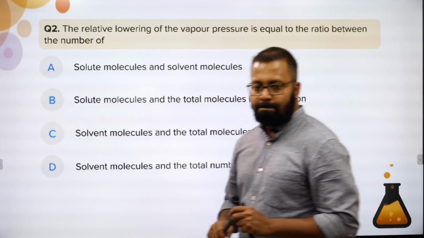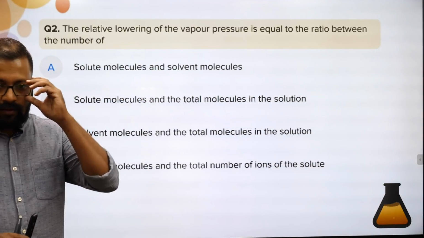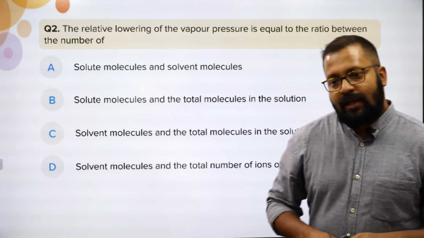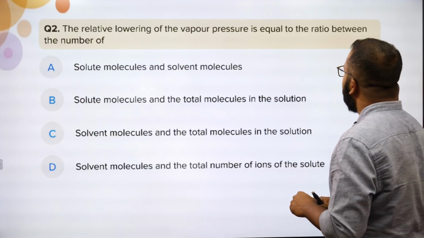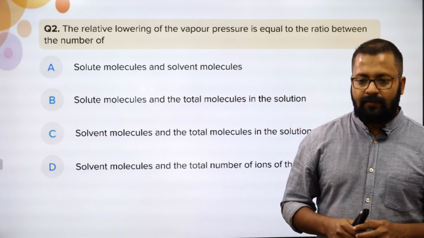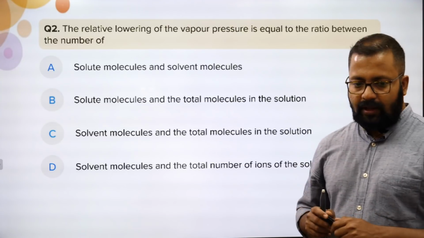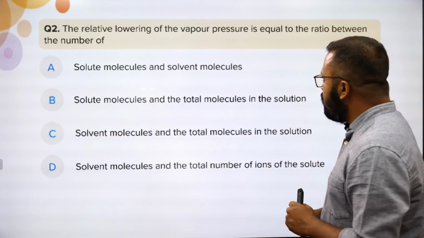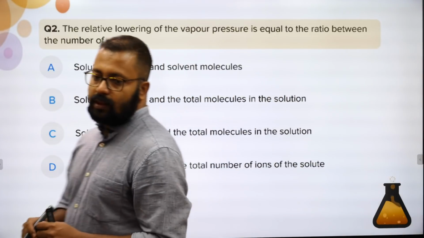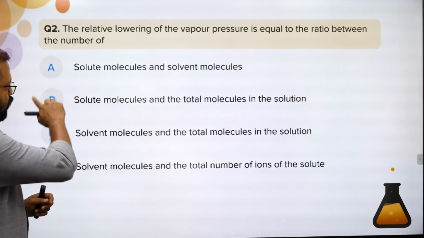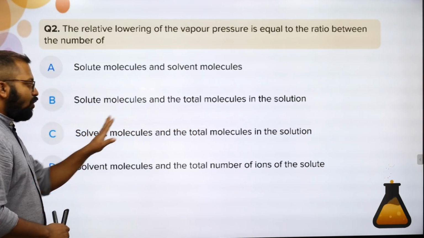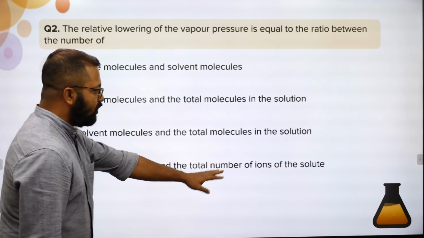Next question. The relative lowering of vapor pressure is equal to the ratio between the number of solute molecules and solvent molecules, solute molecules and total number of molecules, solvent molecules and total number of molecules, or solvent molecules and the total number of ions in the solution.